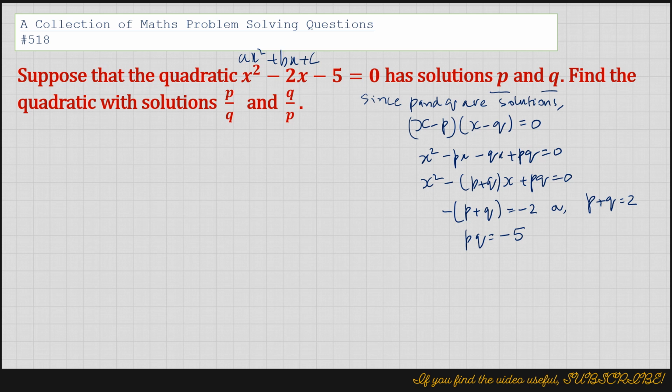So the next thing we do is, now we need to find the quadratic with solutions p out of q and q out of p.